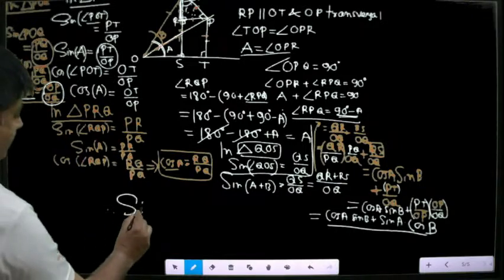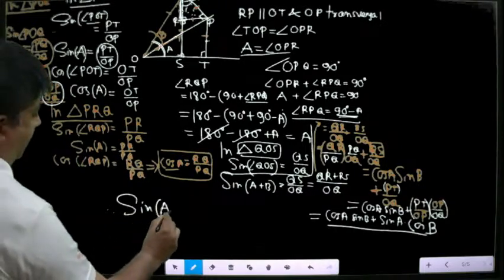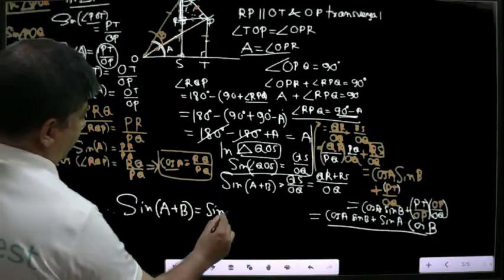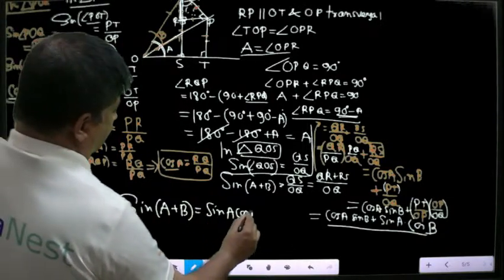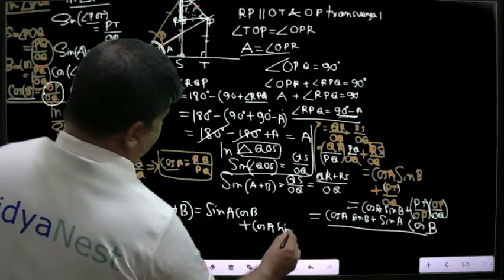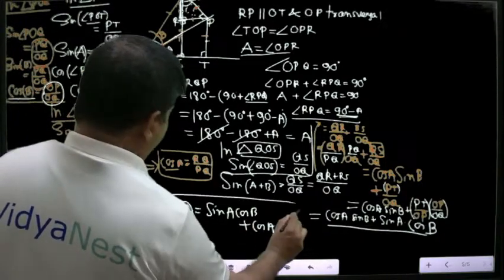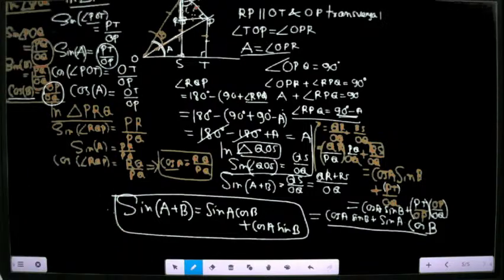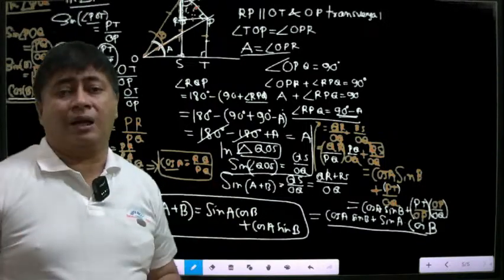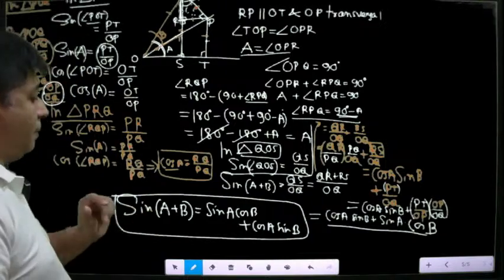Sin of A plus B is equal to sin A cos B plus cos A sin B is established in this way. Sin A plus B. This is called the application of compound angle. Understand? Compound angle.